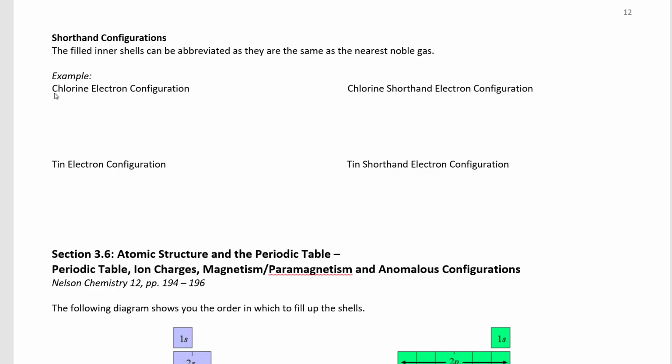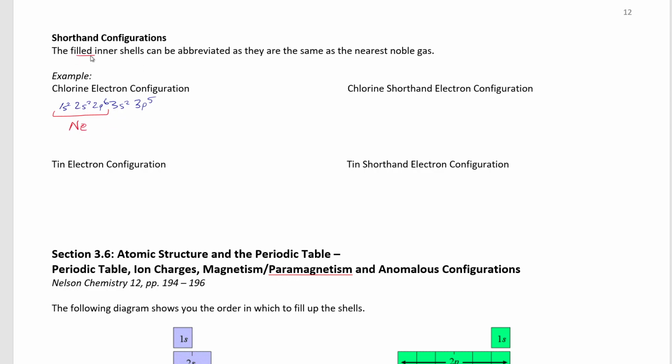So it would be 1s2, 2s2, 2p6, 3s2, 3p5. This right here is the overall chlorine electron configuration. But this right here represents the electron configuration for neon.